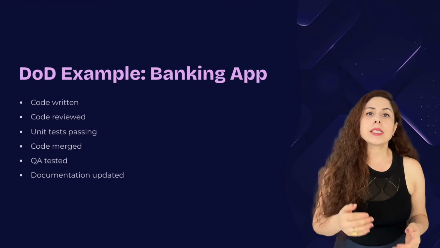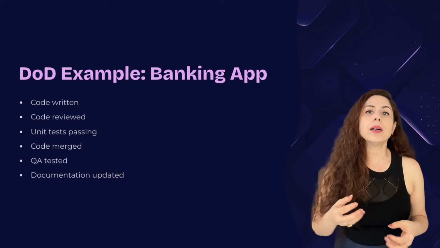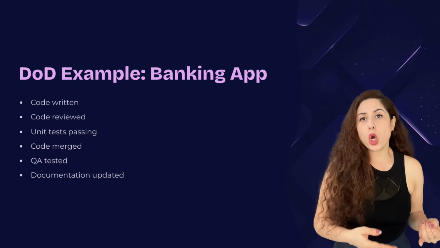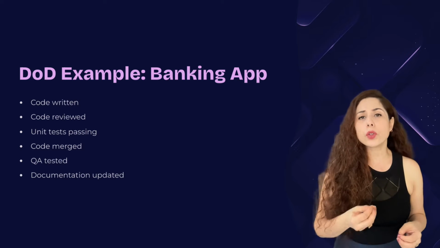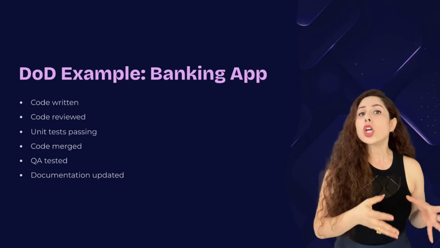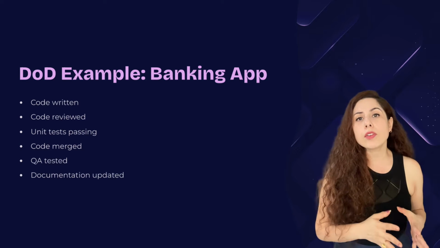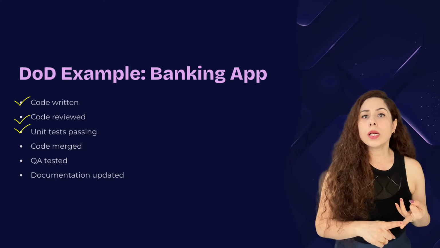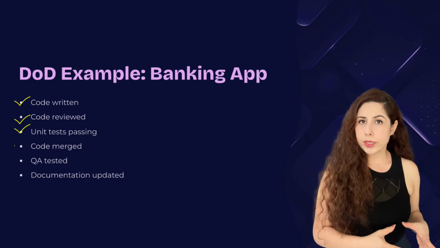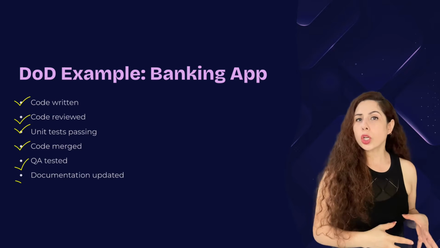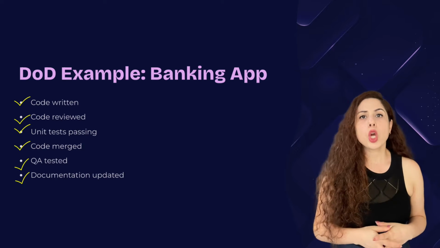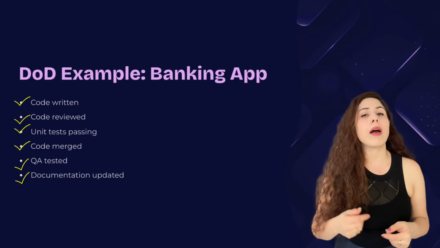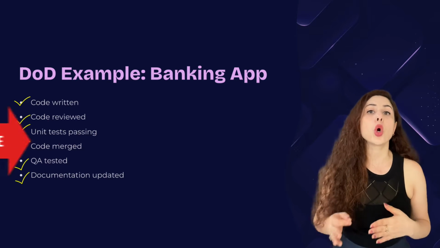Let's say you are working as a developer on a team that builds a mobile app. No matter what feature you are working on, it could be the login screen or the money transfer or viewing transaction history, etc. Your team's definition of done for every task might be the code is written, the code is reviewed, the code passes all the unit test cases, the code is merged, feature is tested by QA, documentation is updated, etc. So if you are working on a view transaction history feature and you write the code but you haven't tested it yet, then it is not done.